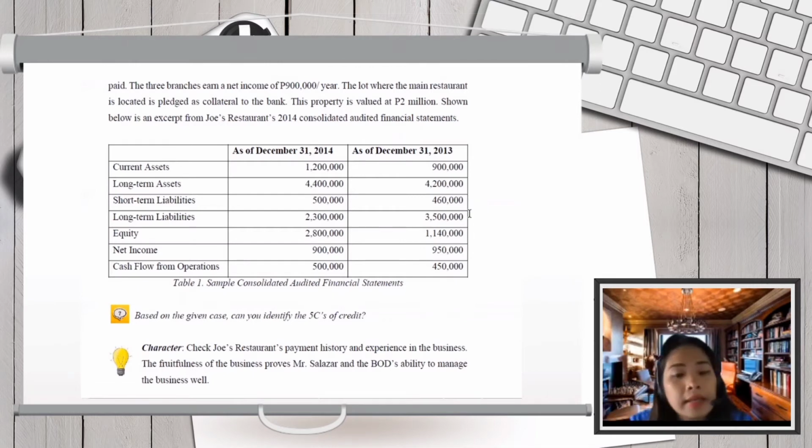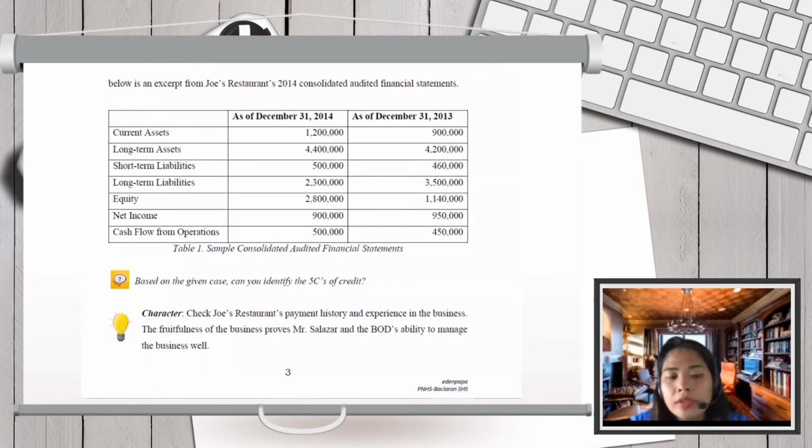Utang ang liability ha. Equity is 1,140,000 from 2.8. Ang laki na binaba. Net income is from 900,000 naging 950,000. Cash flow nila noong 2014 is 500,000. Naging 450,000 na noong 2013.